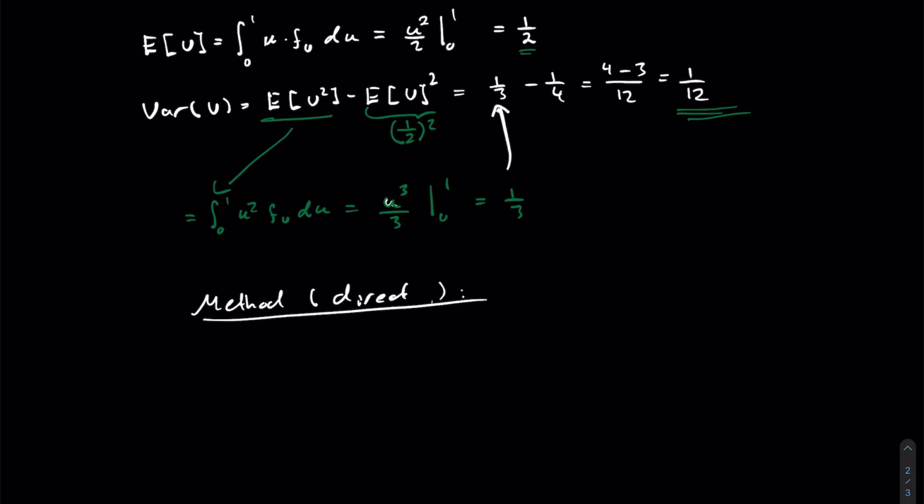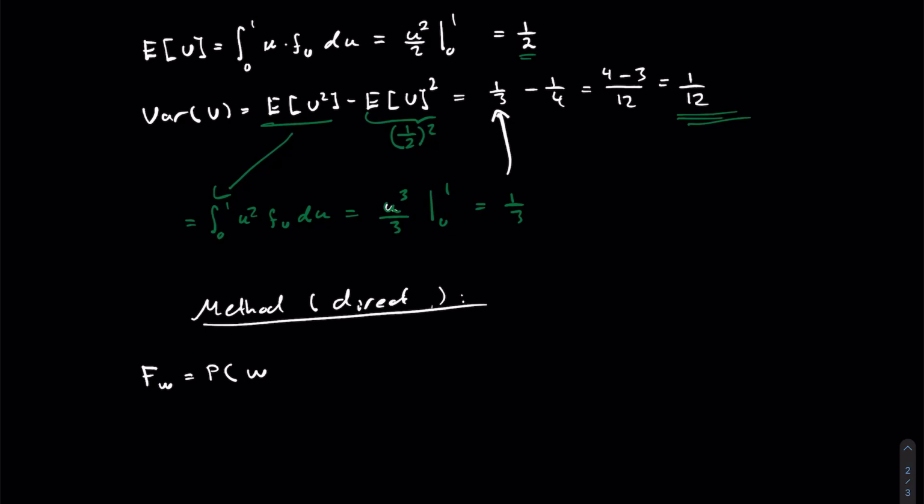So start with the CDF of w: F of w is the probability of W being less than little w, and in the random variable w, we insert the transformation of x.